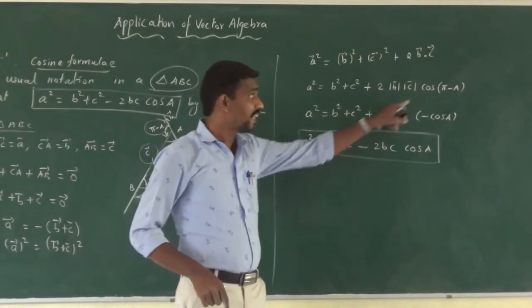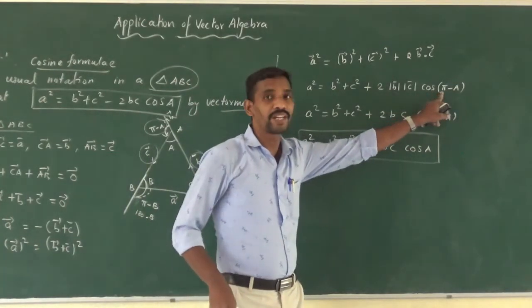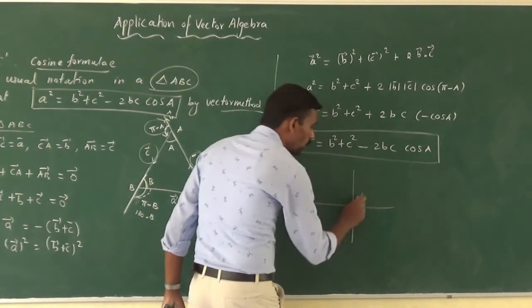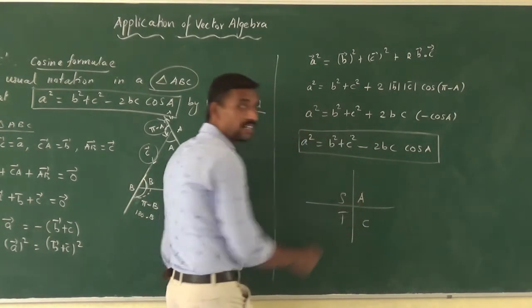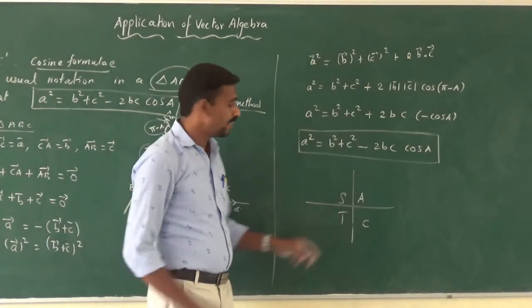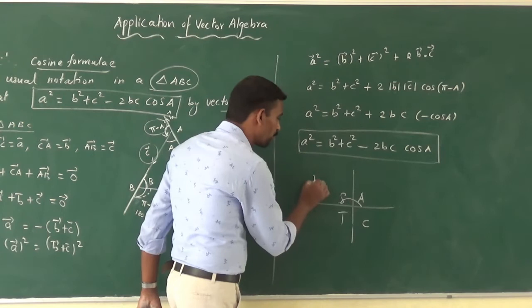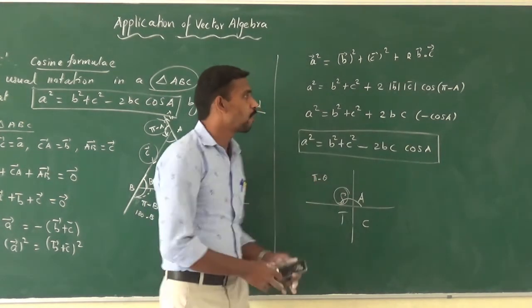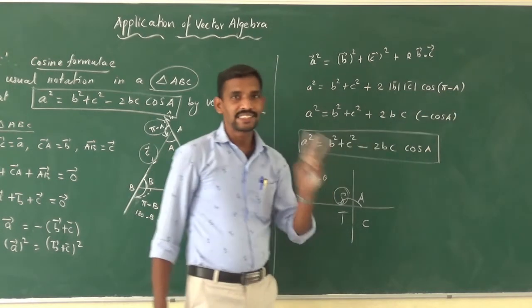Now I have to explain why cos of pi minus a is equal to minus cos a, because of the rule ASTC. Just recalling the plus one trigonometric concept ASTC. Here 180 minus theta, so pi minus a lies in the second quadrant.